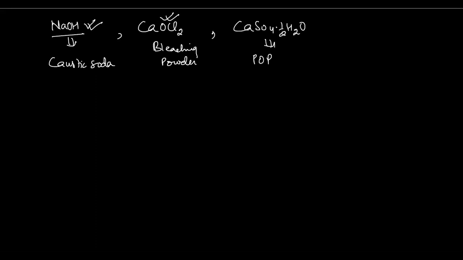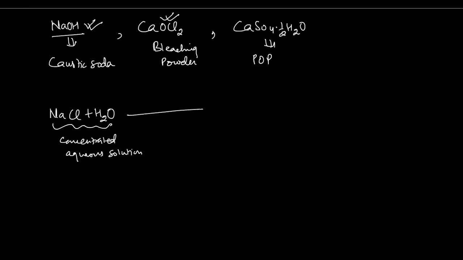So how can we prepare this one? We can prepare NaOH by taking a concentrated aqueous solution of NaCl in water, and then we pass electricity through it. Then we will get NaOH near the cathode.